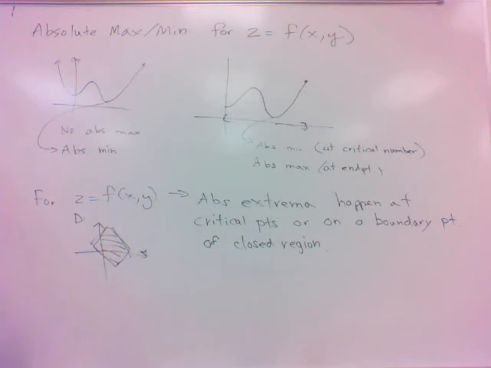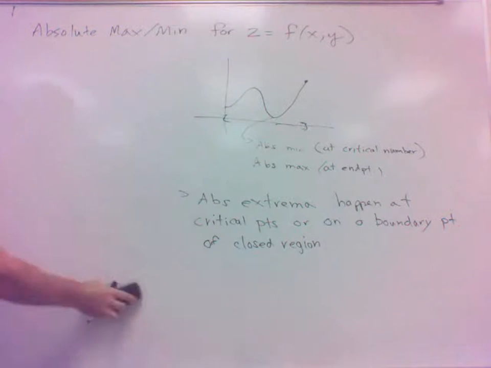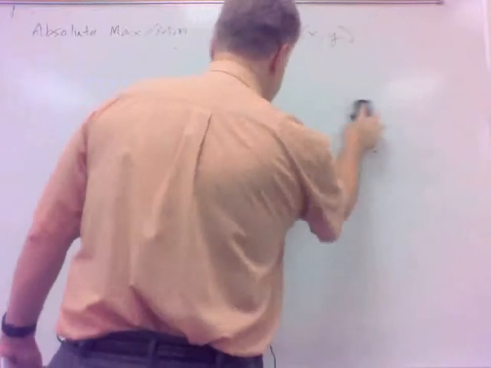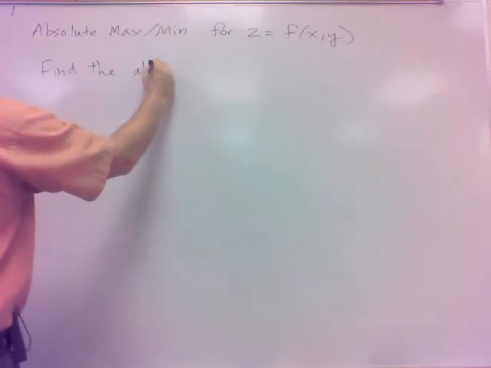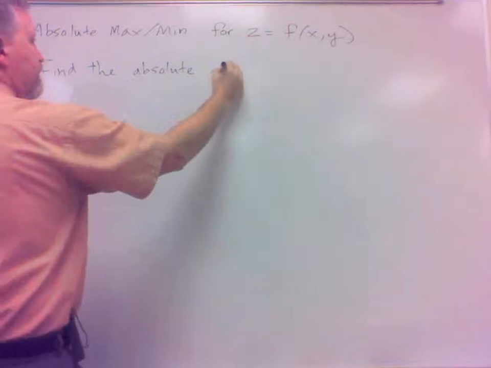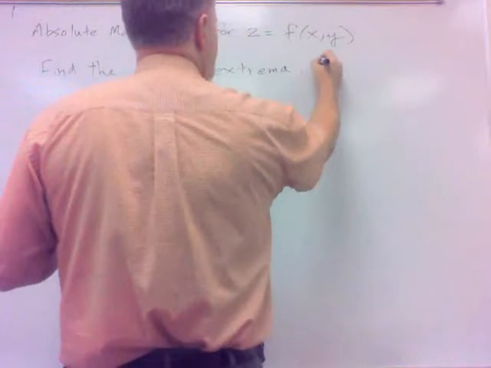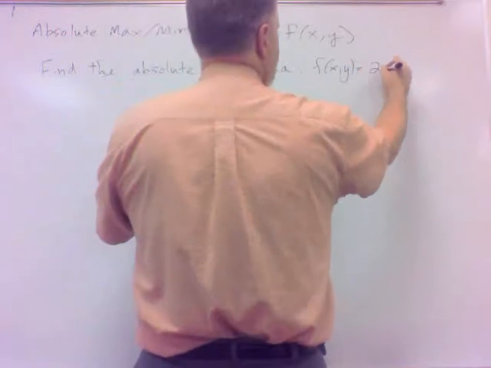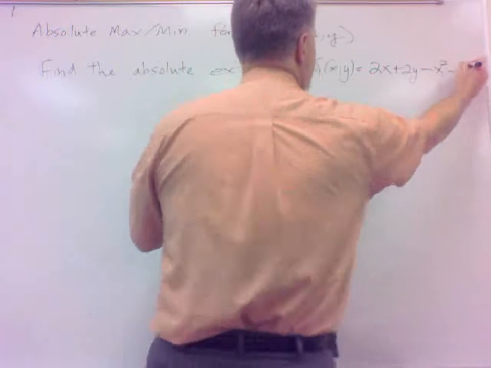All right, so let's find some absolute extrema here. We've got f of x, y equals 2x plus 2y minus x squared minus y squared.